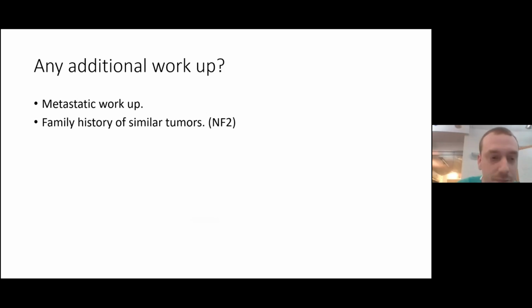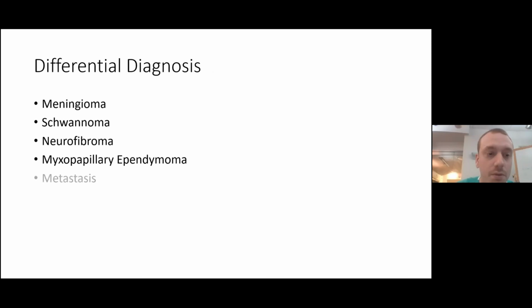And as mentioned before, with this type of tumor, you can always ask for family history, as NF2 is associated with multiple meningiomas, schwannomas, and neurofibromas. Very good. And you already said the differential diagnosis is going to be schwannoma, neurofibroma, myxopapillary ependymoma, metastasis. But those are the top ones.